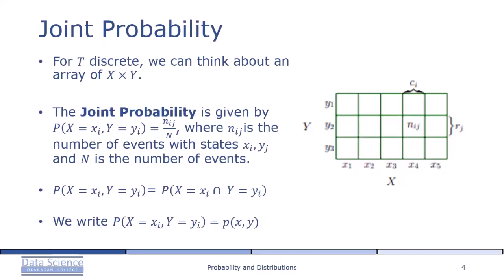We define the joint probability as the entry of both values jointly, the probability that X equals xi and Y equals yj. And of course, this is equal to nij in the diagram divided by capital N, where nij is the number of events with states xi and yj, and N is the total number of events.